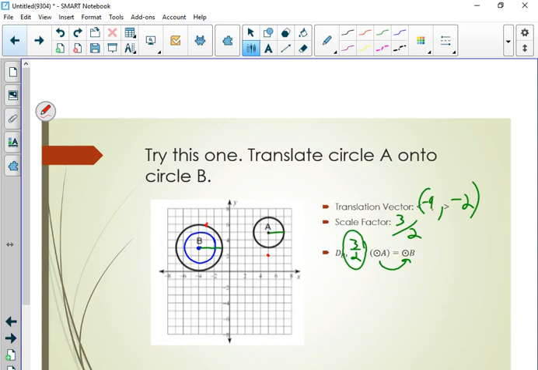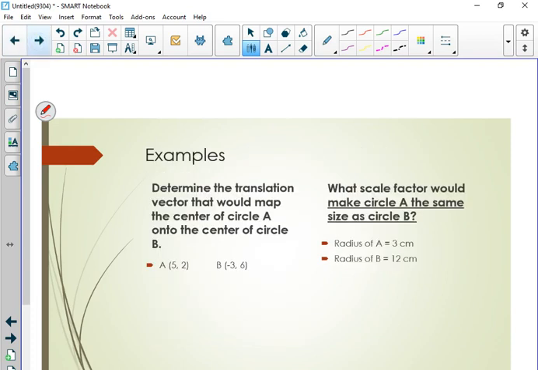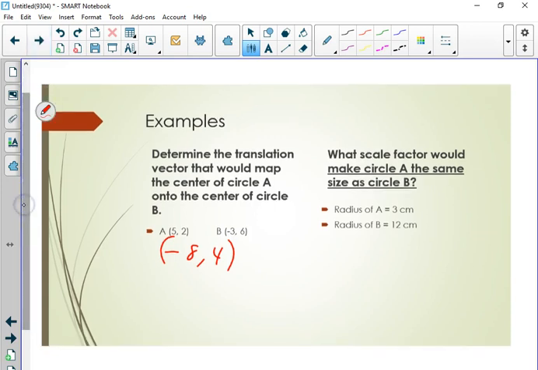So, to go from here, we go 1, 2, 3, 4, 5, 6, 7, 8, and up 1, 2, 3, 4. So you can use another piece of graph paper to do that. And that tells you that we're going to go left 8 and up 4. That's our vector.